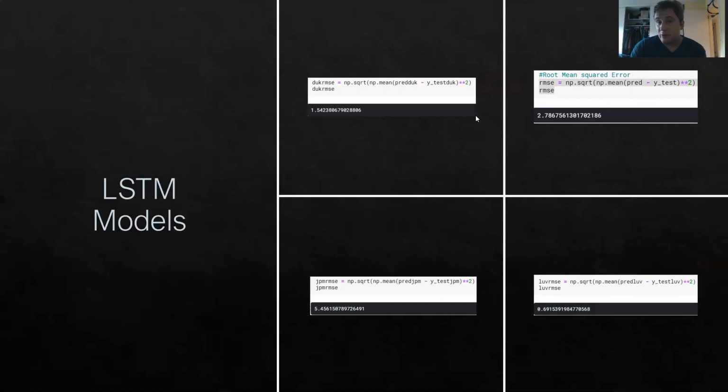Furthermore, if we wanted to measure how they performed, we can see that Duke Energy's root mean squared error was 1.5, which was pretty close. And Southwest Airlines was 0.69, so really close with this particular model. But we see that Cisco Systems didn't perform as well, and JP Morgan Chase didn't perform as well either, just looking at the root mean squared error.